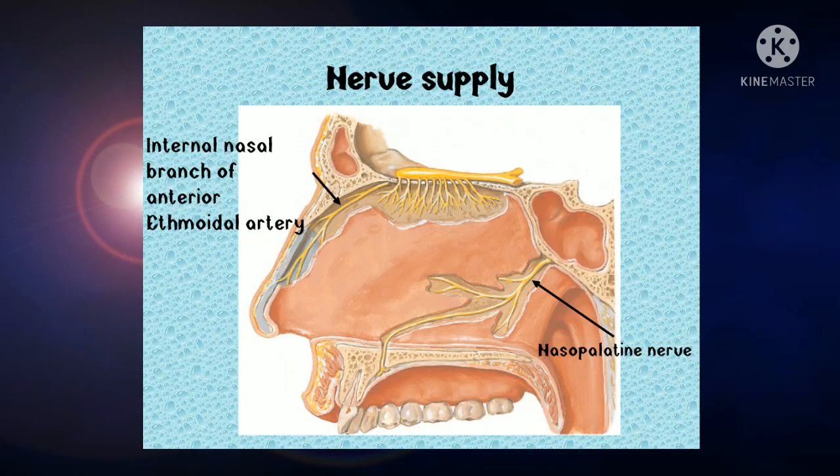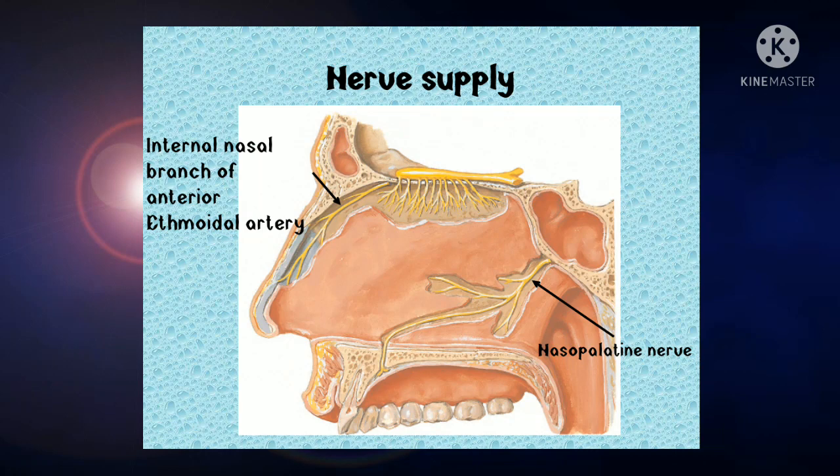The nerve supply of the nasal septum. The general sensory nerves arise from the trigeminal nerve. They are distributed to the whole nasal septum. The antero-superior part of the septum is supplied by the internal nasal branch of the anterior ethmoidal nerve.